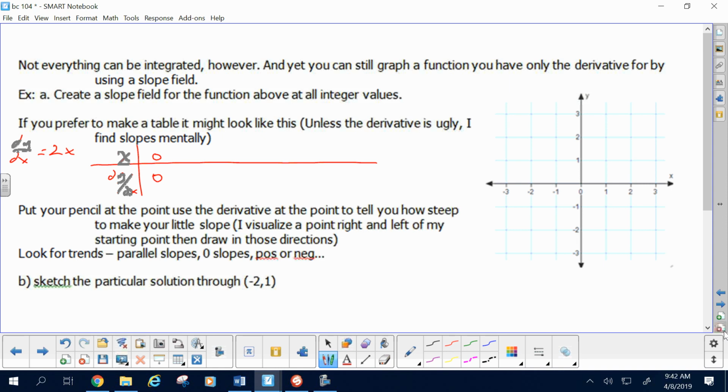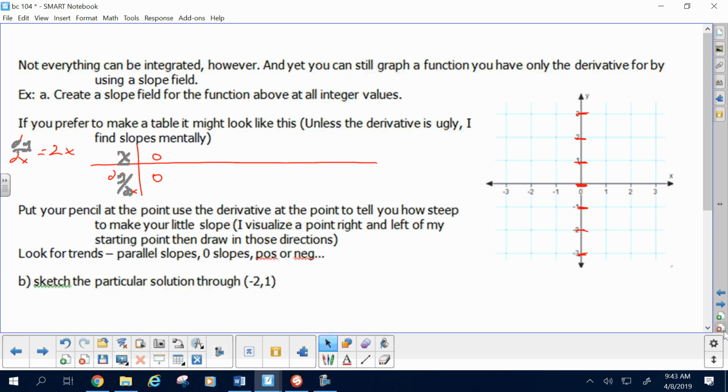Now, I don't know exactly what's going to happen, but I do know that anytime x is 0, the slope must be 0, just at that little instant. Now, technically, the minute you go off 0, it's going to start to be something besides 0. It won't be flat anymore. But wouldn't you agree that it'll be flat at the slightest instant? Yeah? So I'm going to draw little baby slopes there. And this will be a field of slopes.